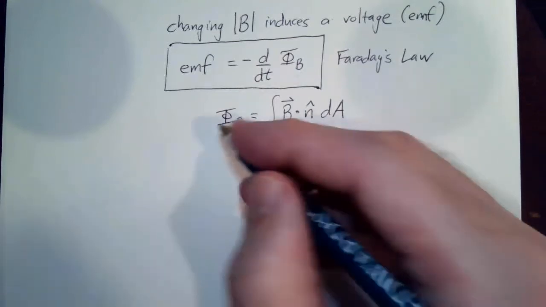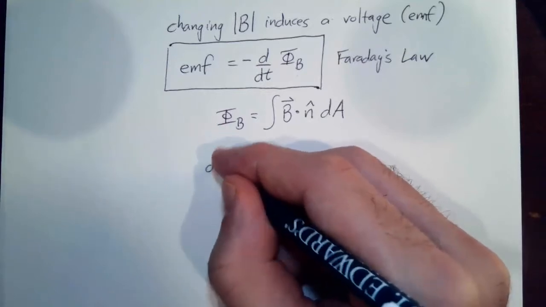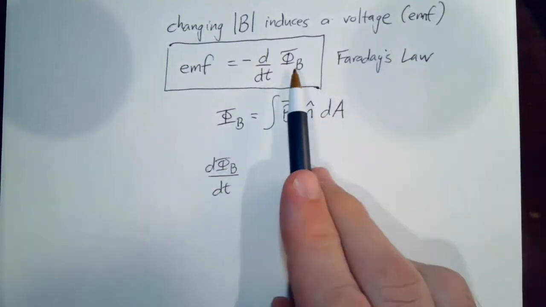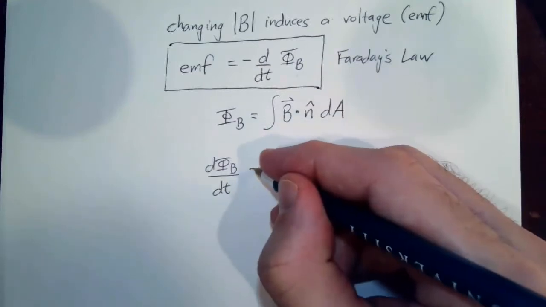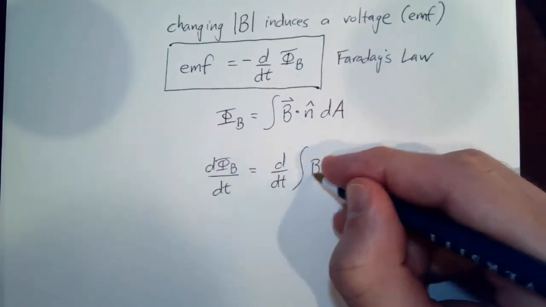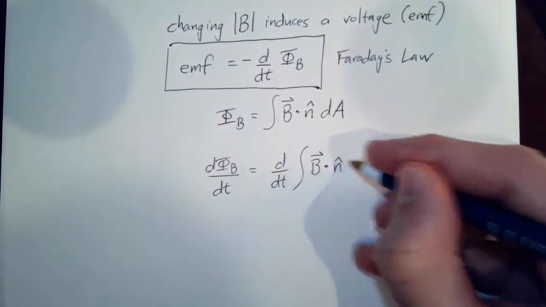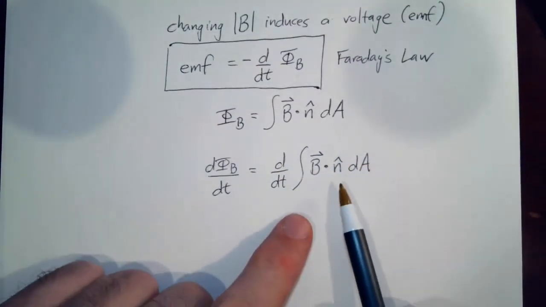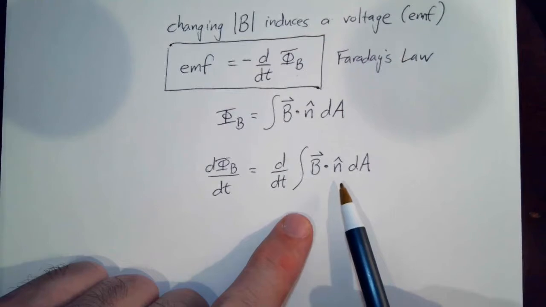Okay, so the rate of change of this quantity, that's what we have on the right-hand side here. The rate of change is going to be the rate of change of what's going on in this integral. Here we can see a couple of things I pointed out before.